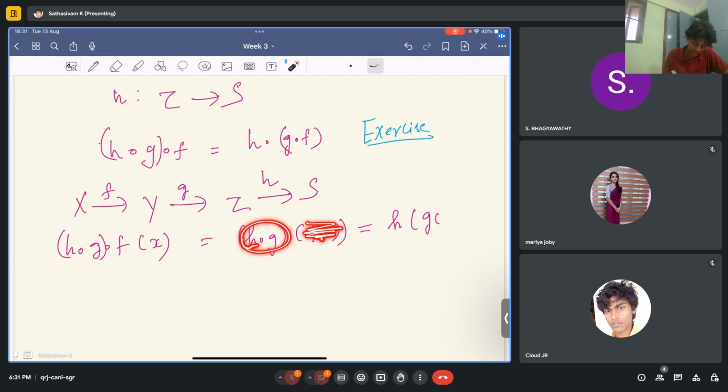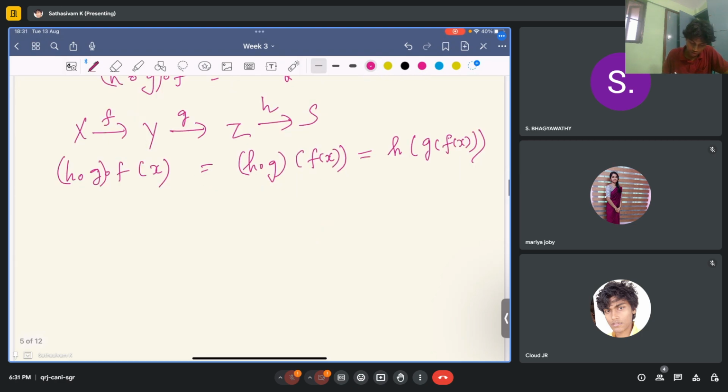Whatever the element is, you write like this. Now just look at what is inside.